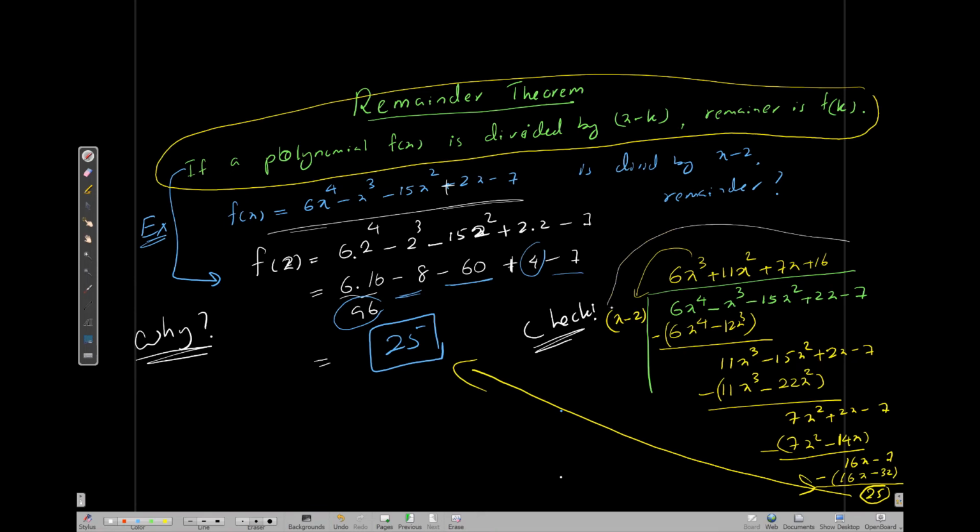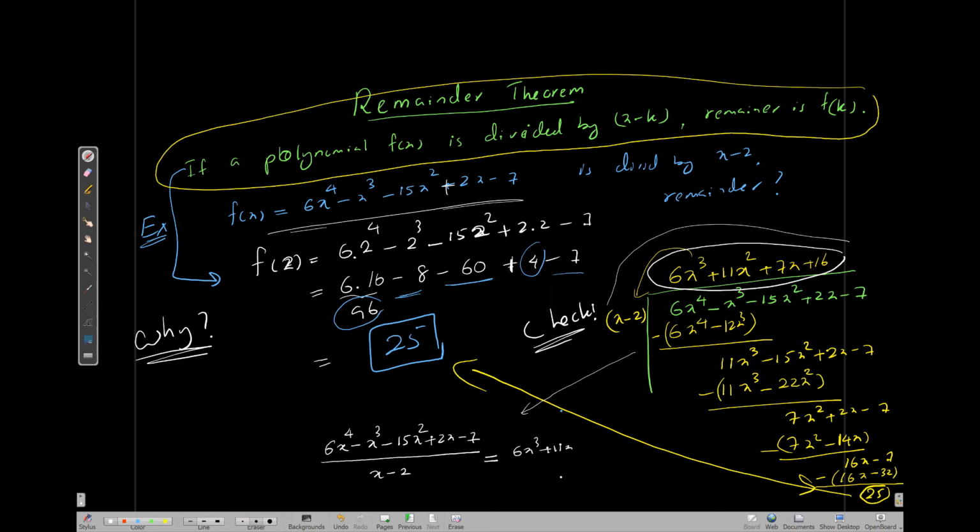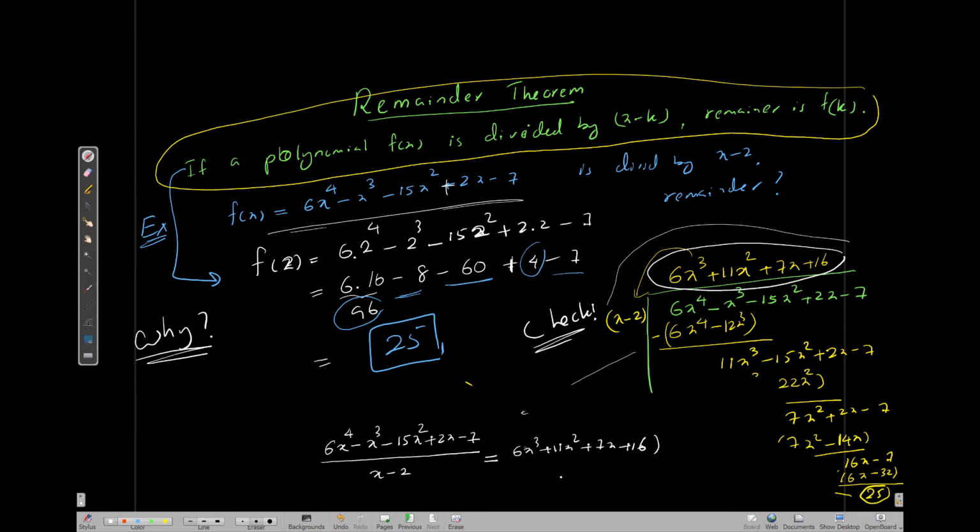After we divide, it can be explained like this. 6x to the fourth minus x cubed minus 15x squared plus 2x minus 7, that is the dividend, divided by the divisor x minus 2, equals the quotient, which is 6x cubed plus 11x squared plus 7x plus 16. Let me label them.